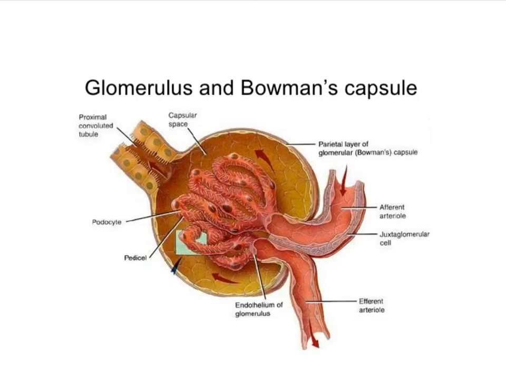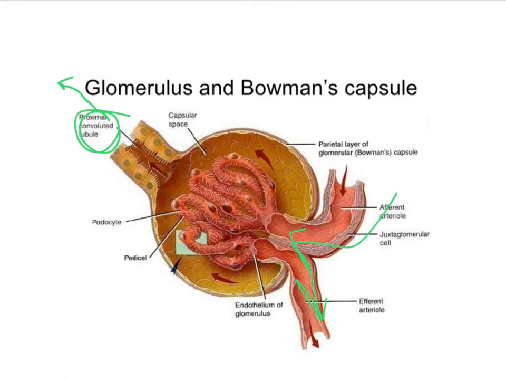Here is another diagram. Again, here is the direction of your proximal convoluted tubule. So this will be heading out, eventually getting to the loop of Henle and the collecting duct. On the other side, we're looking at the arterioles that are going into the glomerulus and coming out of the glomerulus.